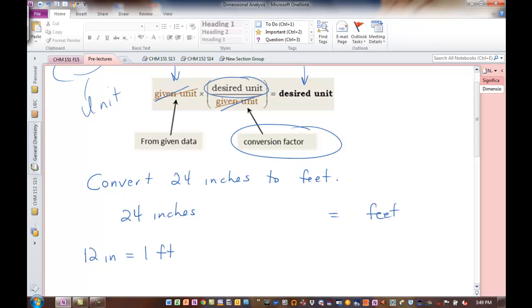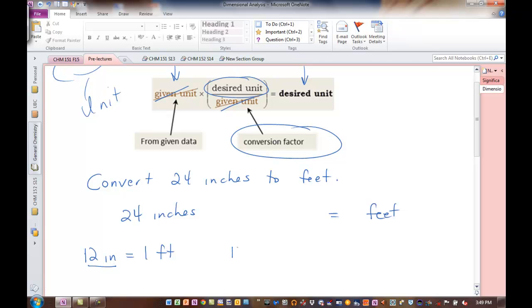Now, from that equality, we can write two conversion factors. As you get better at this, you will automatically see which conversion factor you need to write. But for sake of argument, let's write two conversion factors and then decide which one we need. So we can take what's on the left of that equality and put that in the numerator, and the other in the denominator to make a conversion factor, or we can switch those.